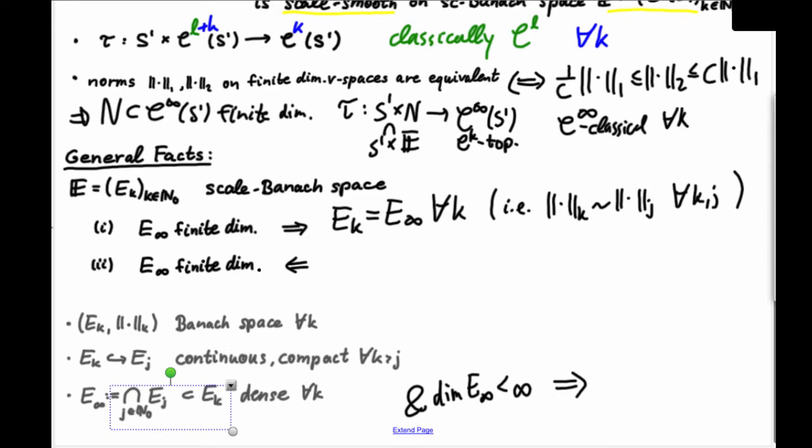I mean, we're looking at real vector spaces here. Right? So all finite dimensional real vector spaces are complete. So the closure is in fact the thing itself, right? But that's supposed to be EK, so that proves this equality.